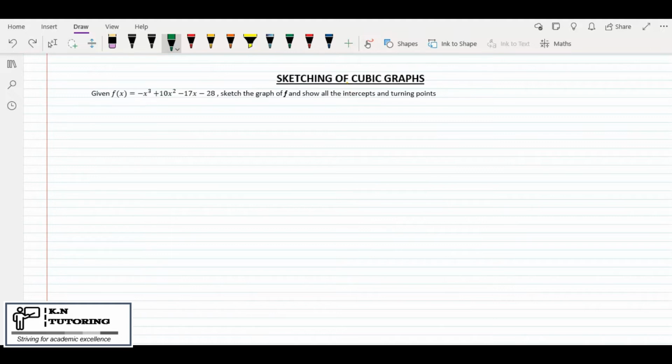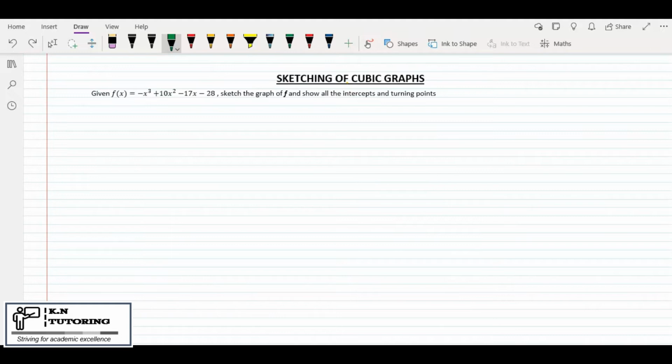We just need to follow all the steps that I showed you previously in being able to sketch this graph. There's no way that you can sketch if you don't know the turning points, the intercepts, or the shape of the graph. So you need to determine those parameters first.